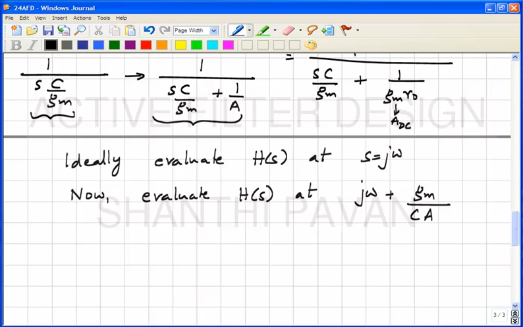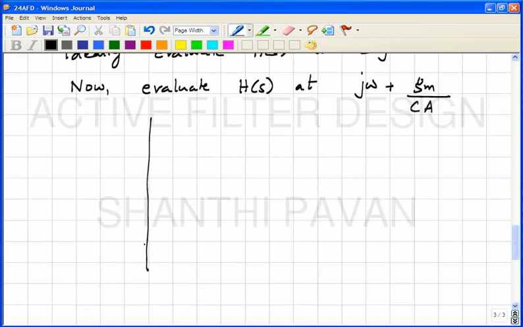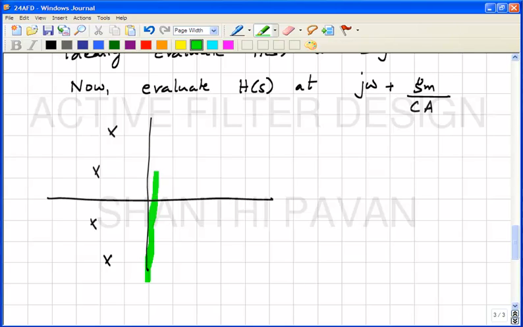In the ideal case, these are the poles of the filter, and you were evaluating the transfer function along the j omega axis.